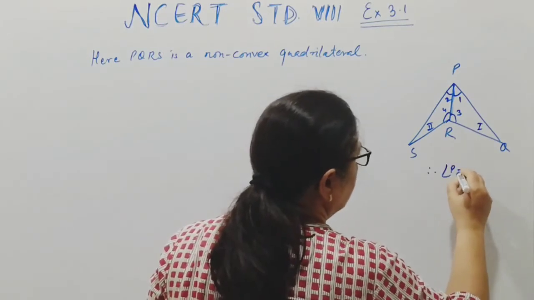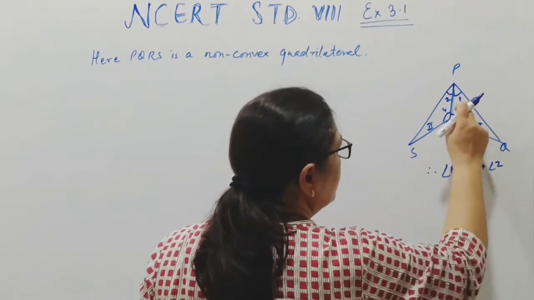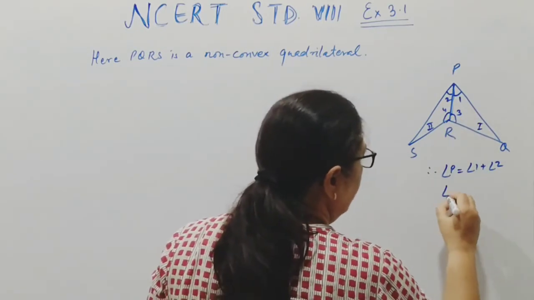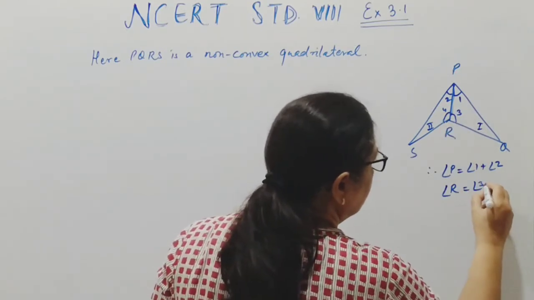Therefore, angle P is equal to angle 1 plus angle 2 and angle R is equal to angle 3 plus angle 4.